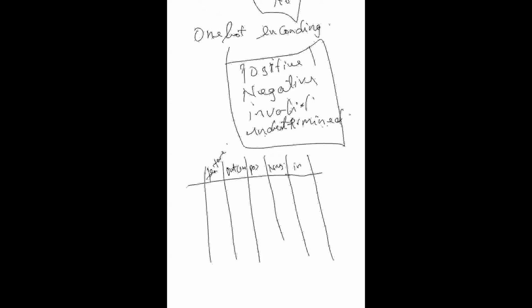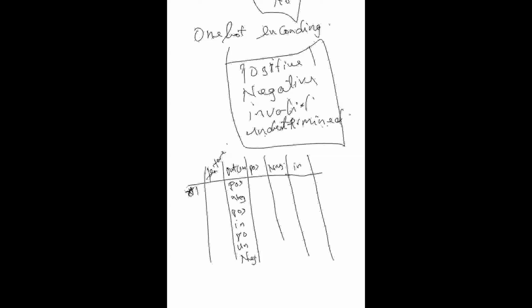Let me explain. Let's look at record 1. The outcomes are, let's say, positive, negative, positive, invalid, positive, and then undetermined. Oh no, let me change this undetermined here to, say, negative, for example.